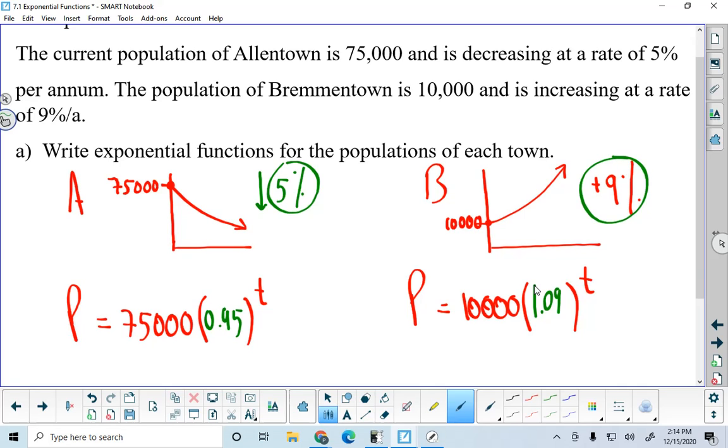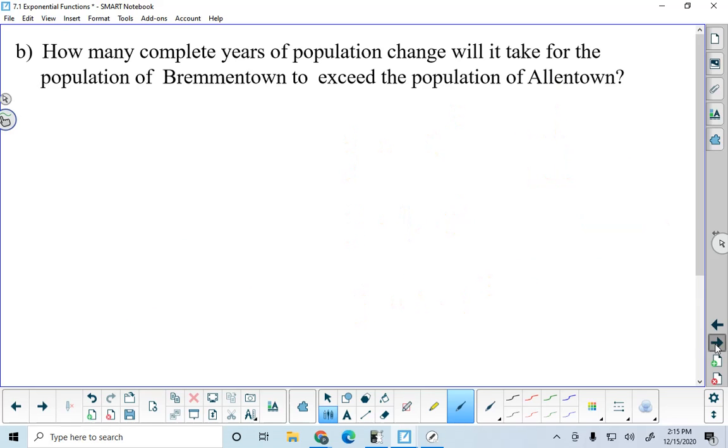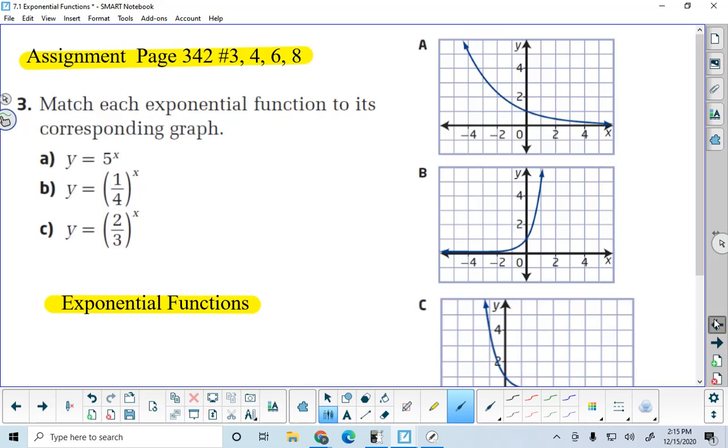Before we finish this lesson with B, does anybody have any questions about those two equations? All right, B, I believe, is the last question. Yep.